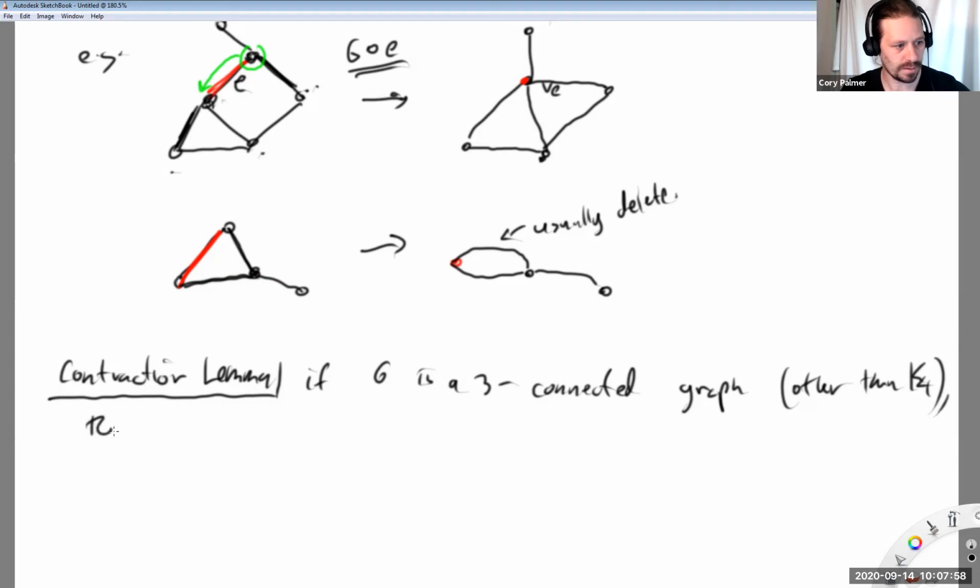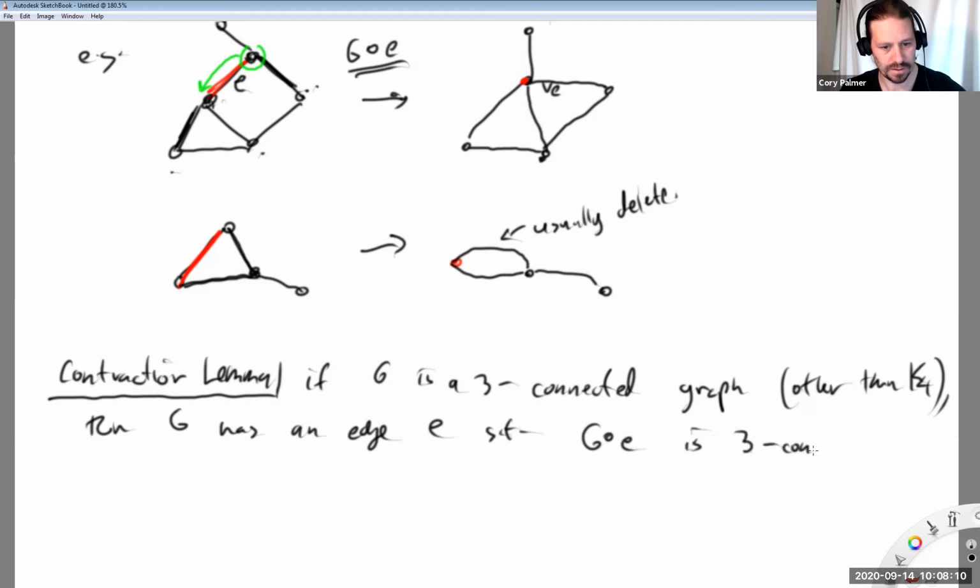Then G has an edge, say e, such that G contracted along e is 3-connected. So a 3-connected graph has some edge, not every edge, whose contraction maintains the 3-connected property. So I can squeeze that edge and remain 3-connected.